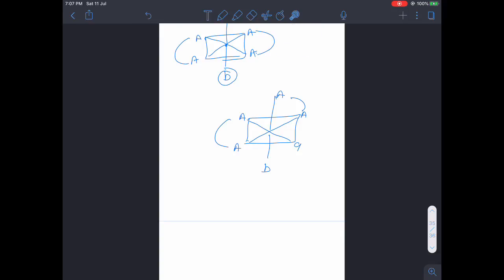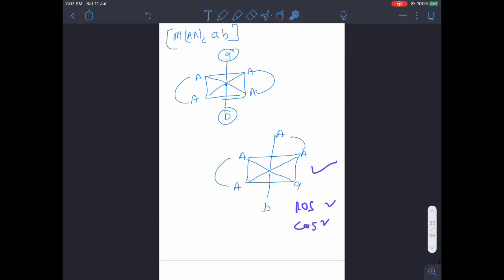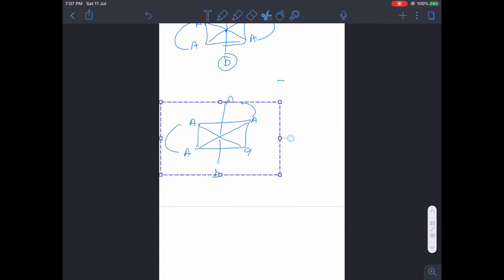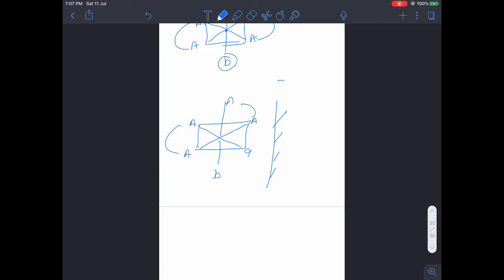Do we have any POS? No. COS? No. That means it is optically active. So, out of this trans and this cis one with respect to B and A, this is optically active, and you know that any optically active isomer has its enantiomeric pair in nature, and that is just the mirror image of this one.